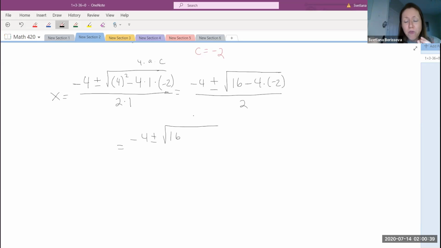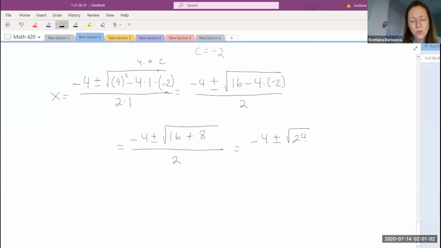And if you do negative 4 times negative 2, it's going to be positive 8. Well, 16 is still separated from the result. So it's going to be 16 plus 8, like that. That's what we have, and divide by 2. So negative 4 plus or minus 16 plus 8, 24, right? 24, that's right, over 2.